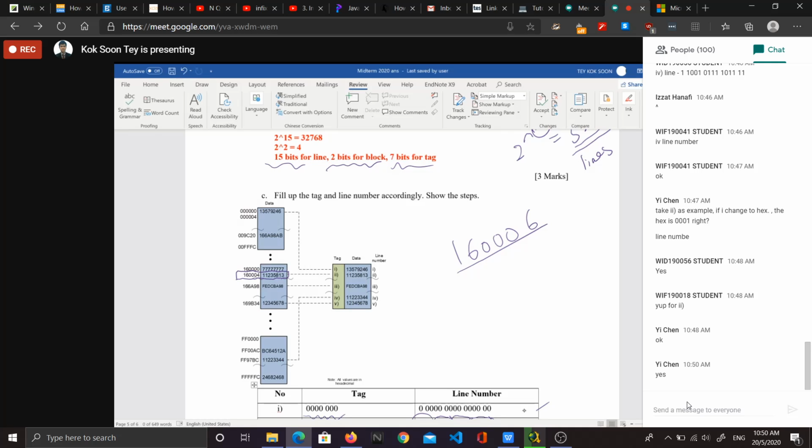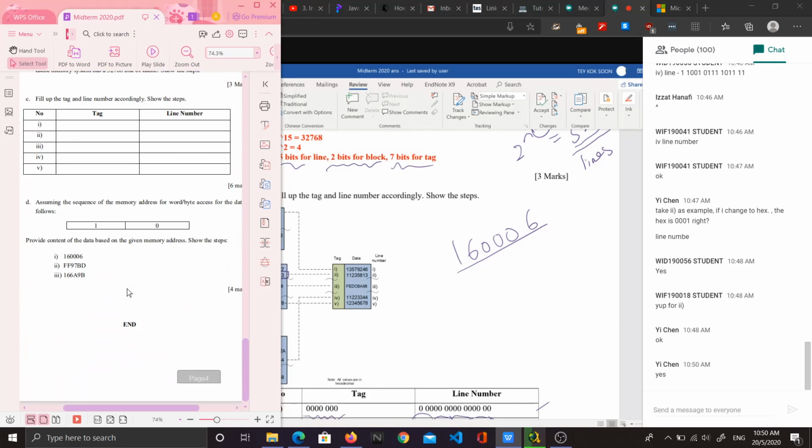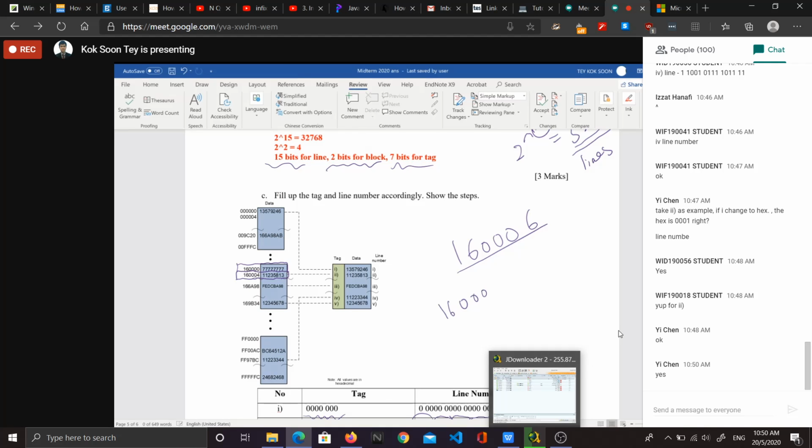This block is starting from 160004. They told you from this figure, actually, that each location consists of 1 byte of data, because you look into these two continuous blocks. I draw it here: at 160000 the data is 77777777.